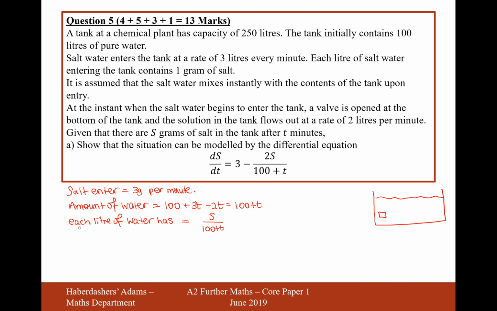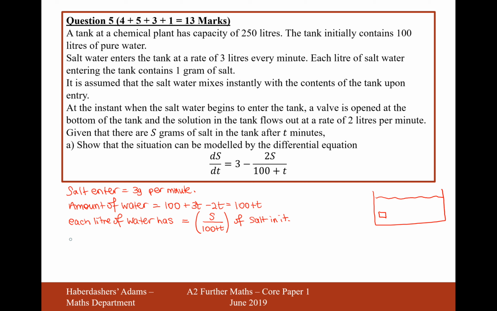That's the amount of salt each litre of water has in it. Okay, so if the total amount of salt is S at any point in time, then we have to divide it by how much water there is.